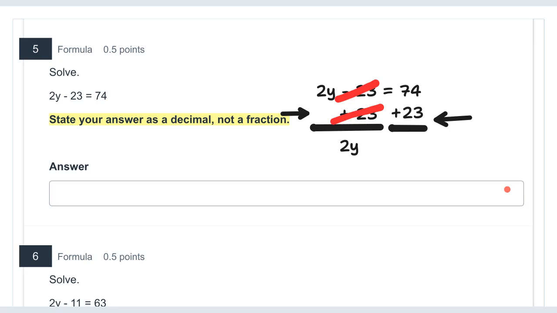74 plus 23 is 97. And since I did the same thing to both sides, I can put the equal sign back between them. And then when I'm solving, 2y is equal to 97. To get the y by itself, I have to divide the left side by 2. And when I do that, the 2's cancel.